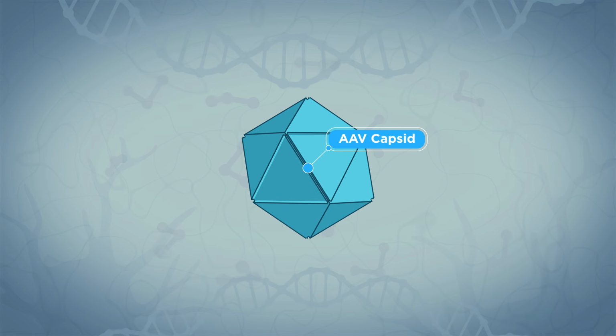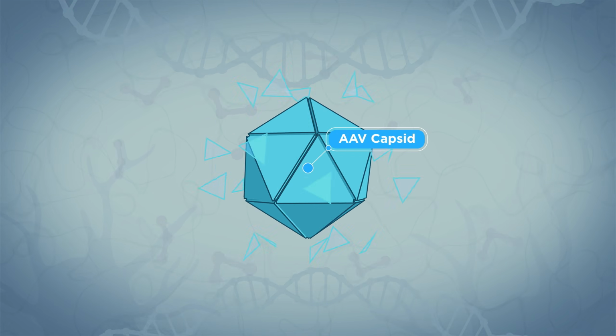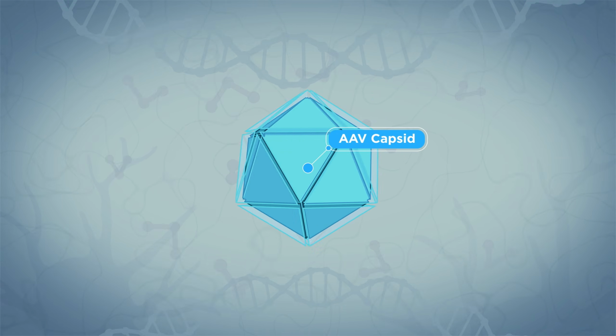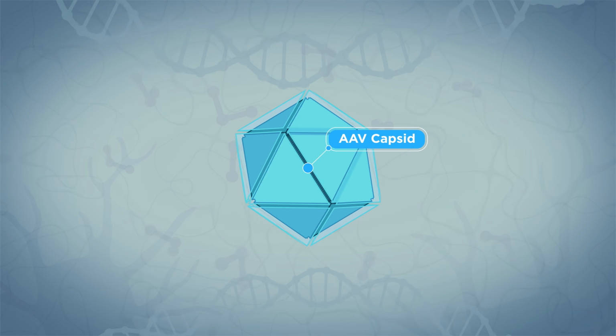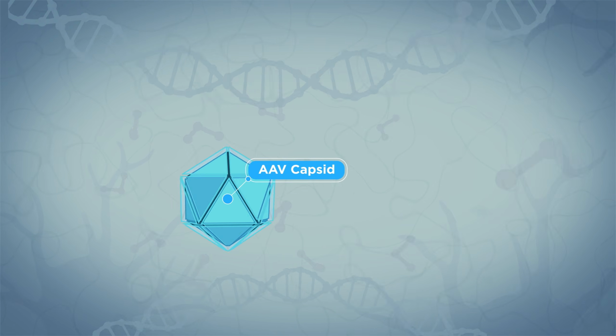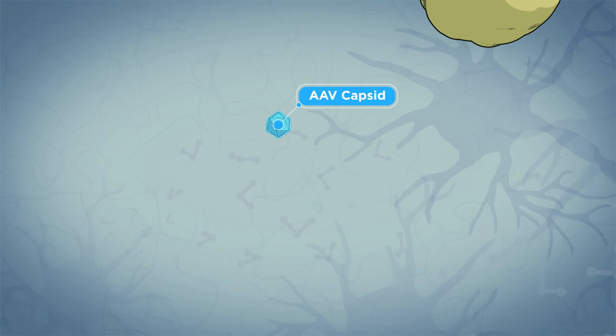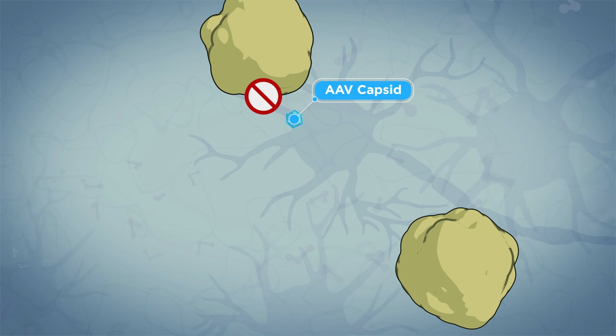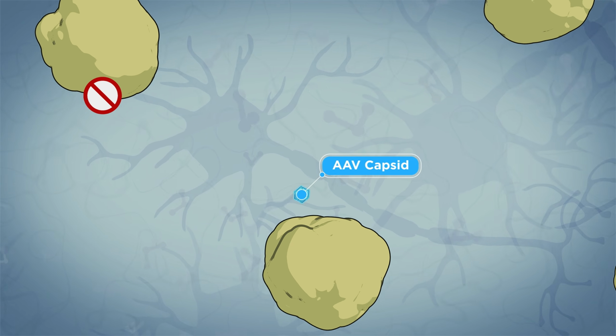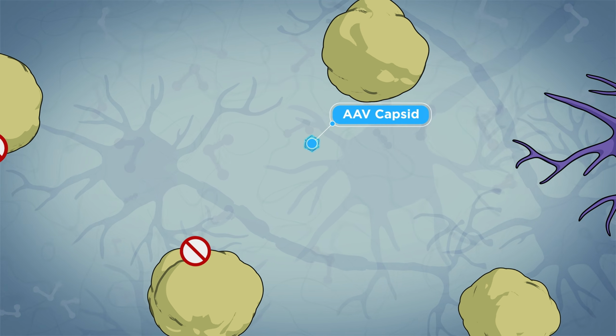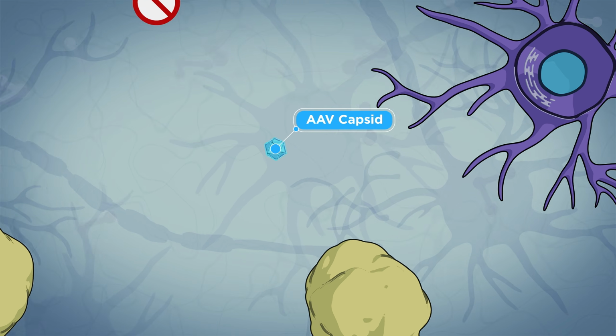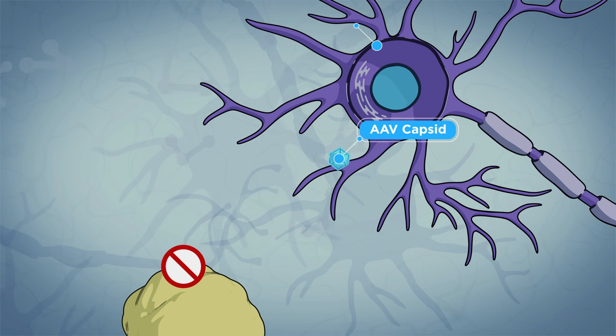Furthermore, the shell that surrounds and protects the genetic material, called the capsid, can be modified so that specific cells or tissues are targeted by the virus to receive the working gene. Think of it as a sophisticated viral hijack.